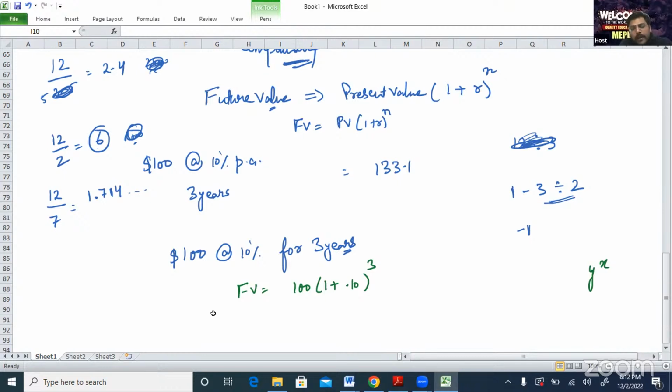We are investing it, so cash is going out. This is an outflow.